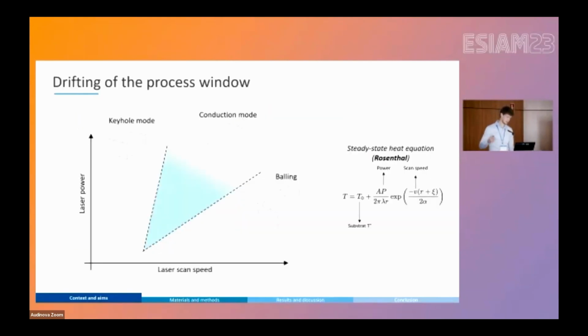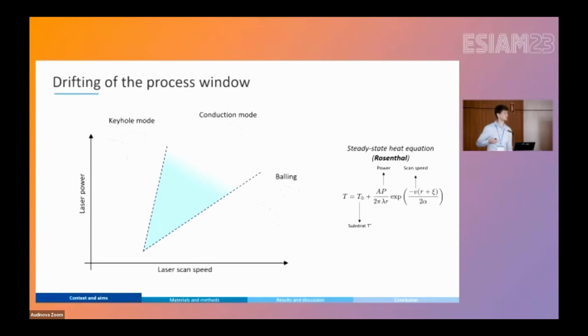So the idea behind that is that we have a drifting of the process window during the LPBF process because of the build-up temperature. And when we look at the steady state equation, the so-called Rosenthal equation, we see that the melt pool size will depend on the process parameters, so the power and the scan speed, but it will also depend on the substrate temperature.